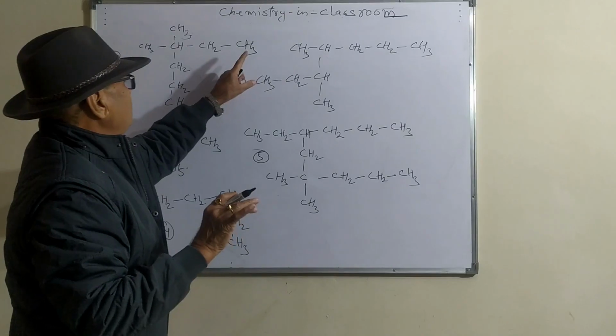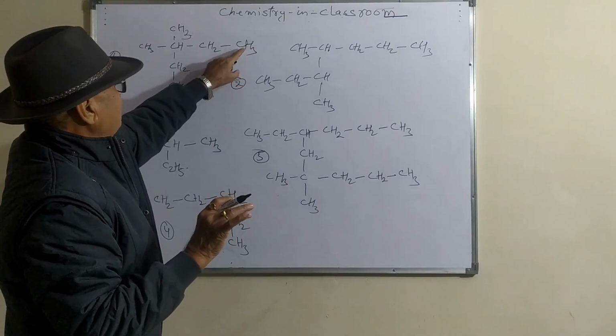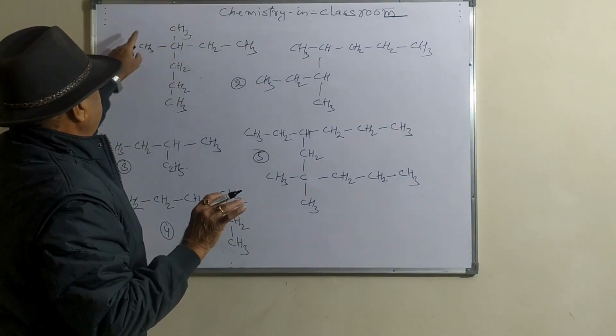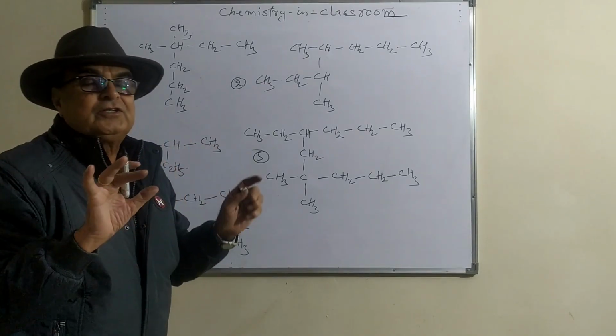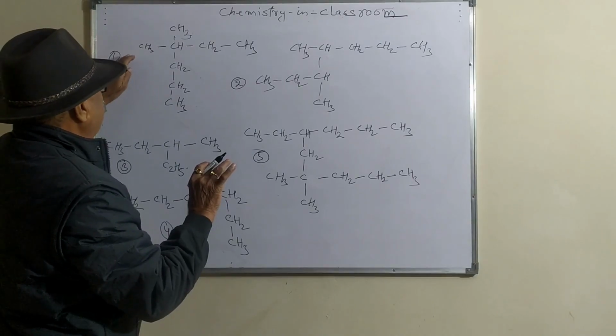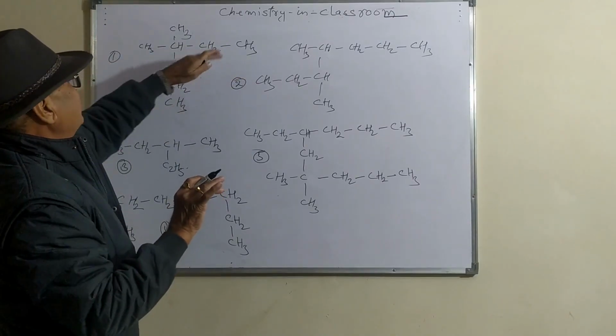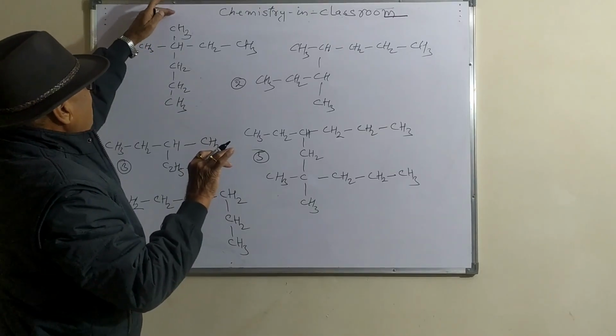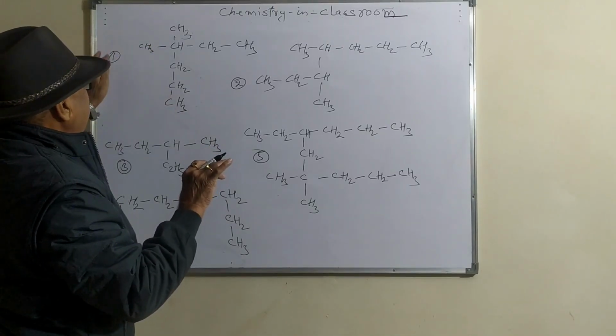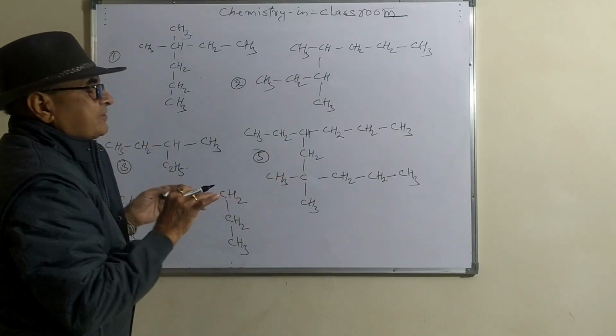You can count the whole number of carbon atoms from this end, this end, this end, this end. You can start counting from the upper side, lower side, right hand side, left hand side.